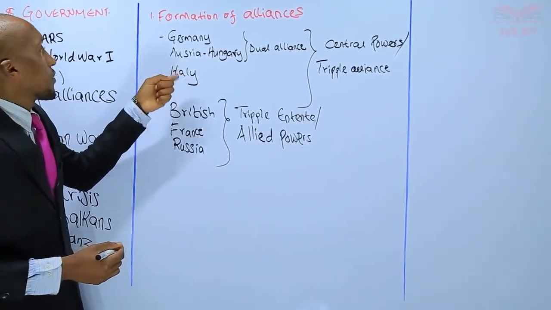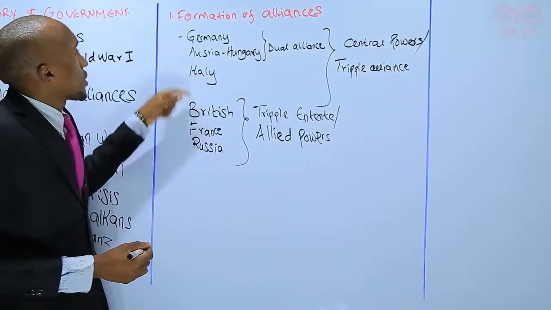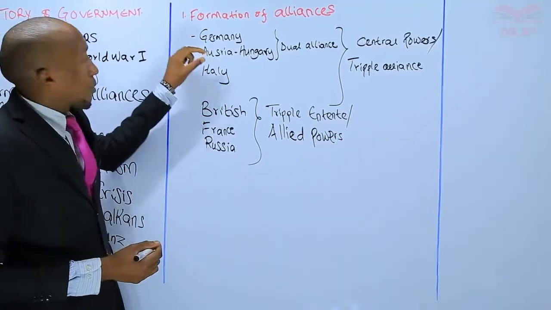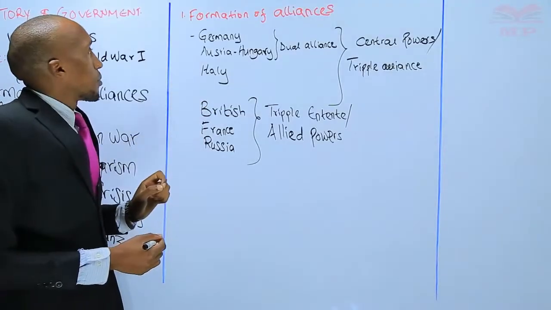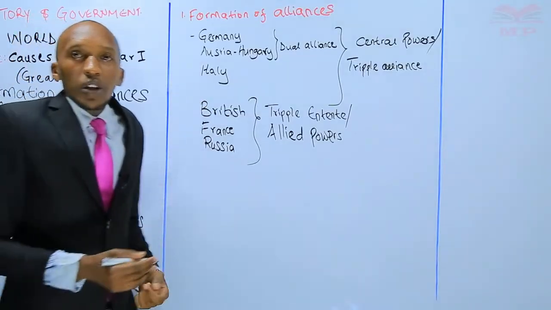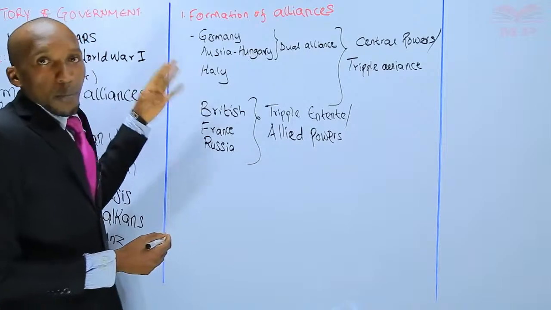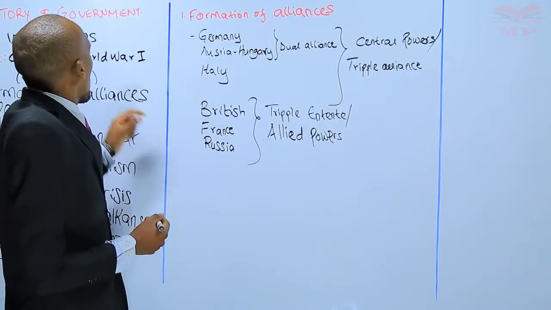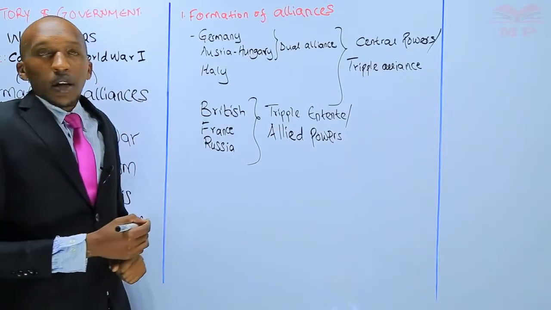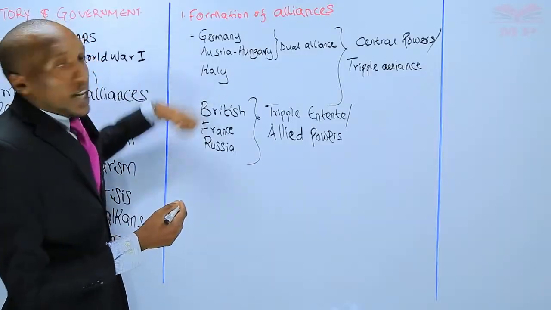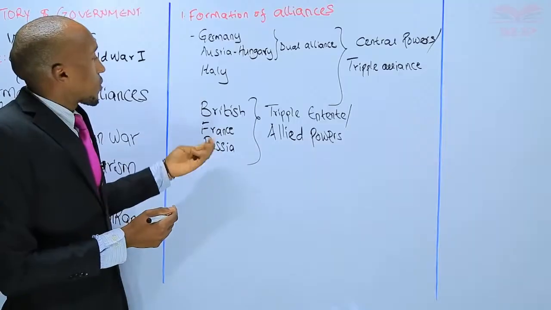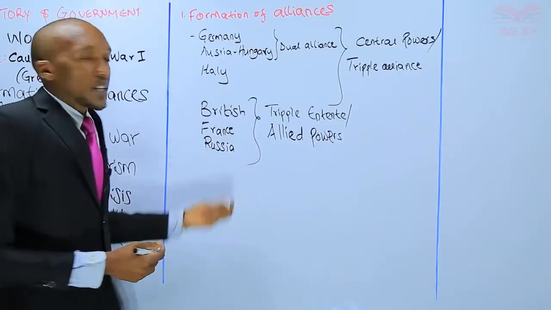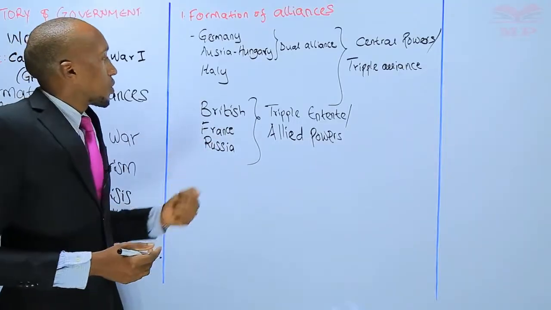If Italy was in an issue with the British, the other two countries could come and join them to fight against the British. But I want you to note that as the war progressed, more countries came to join either party. At the end of it, we are going to look at which countries came to fight.